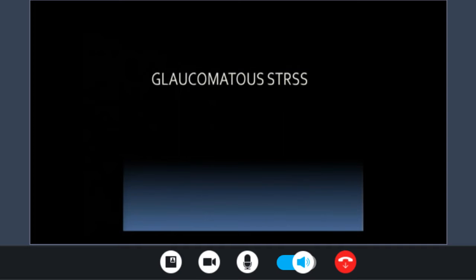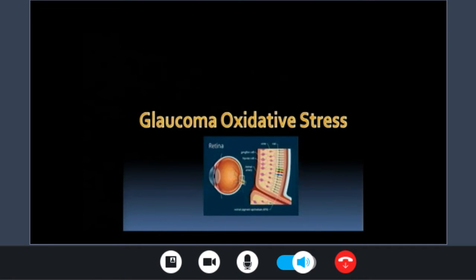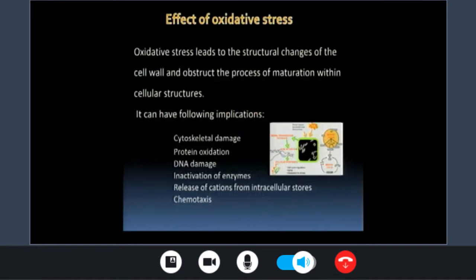So glaucomatous stress, we'll talk first about glaucoma oxidative stress. We know that oxidative stress leads to structural changes of the cell wall and obstructs the process of maturation within the cellular structure. This will lead to the following: cytoskeletal damage, protein oxidation, DNA damage, inactivation of enzymes, release of cations from intracellular stores, and chemotaxis.